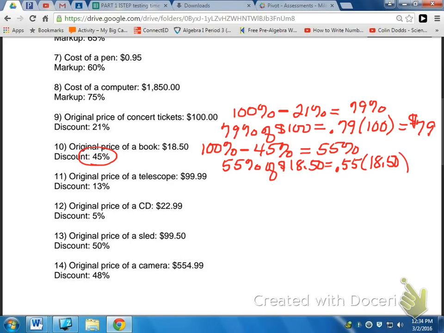I get 10.175. How do I write that as money now? $10 and what? 17 cents. Not 18 cents. 18 cents. $10.18.